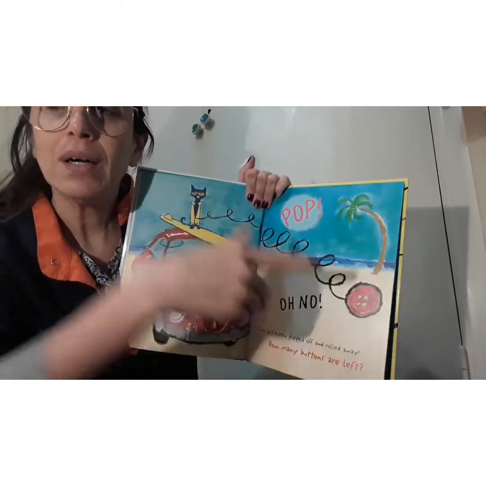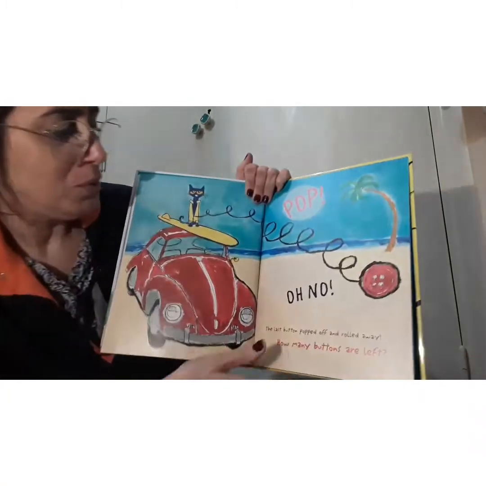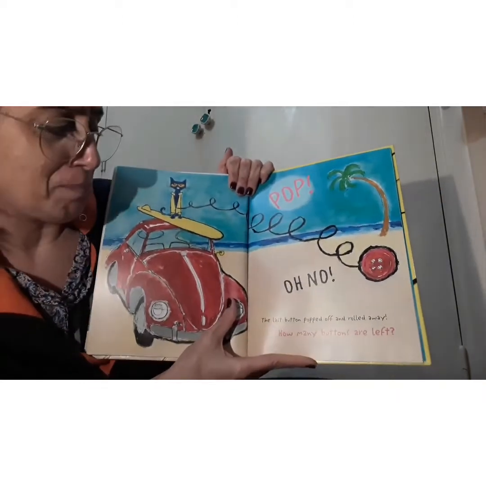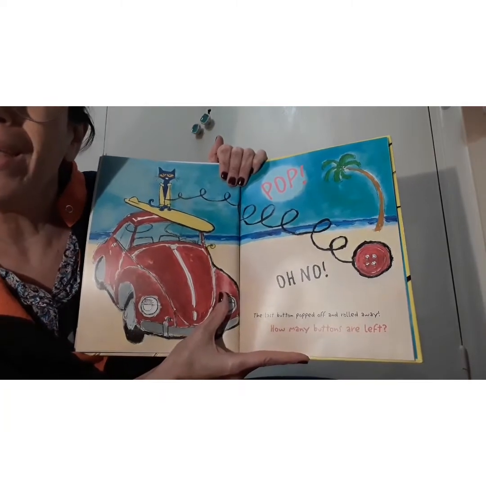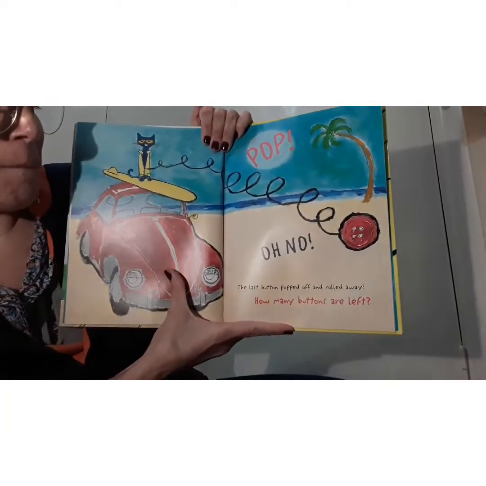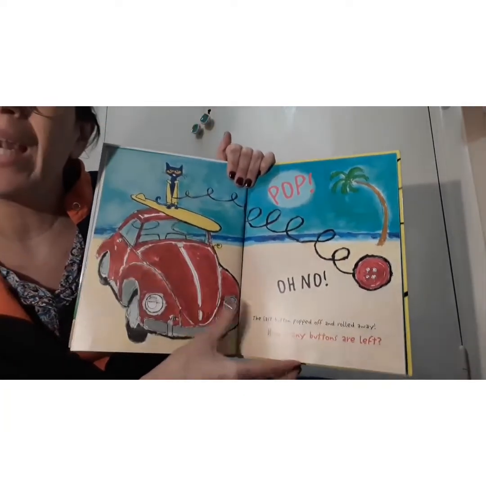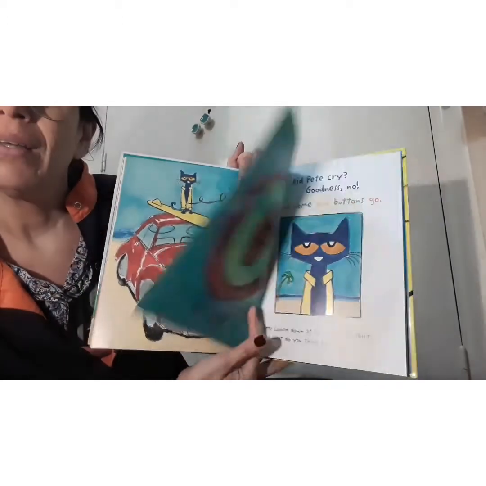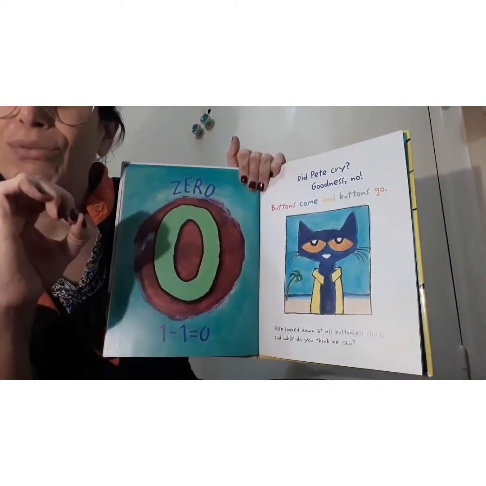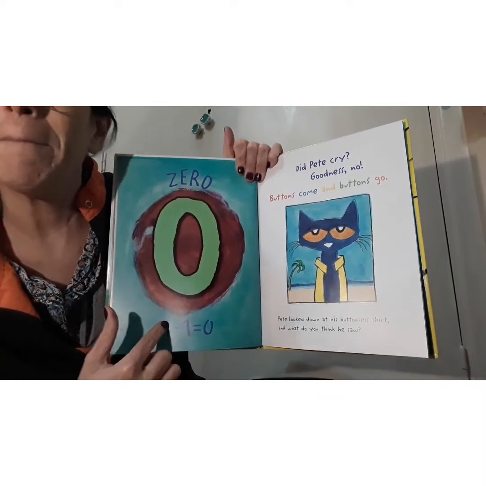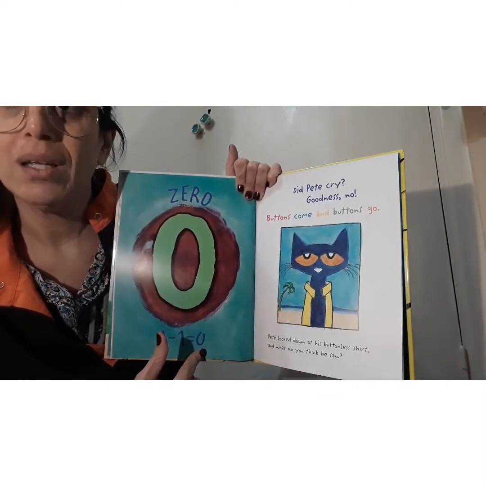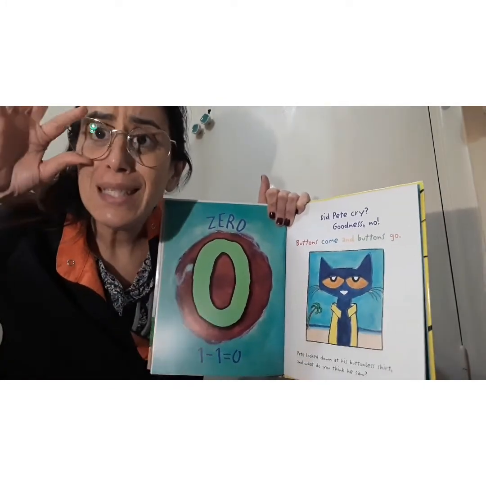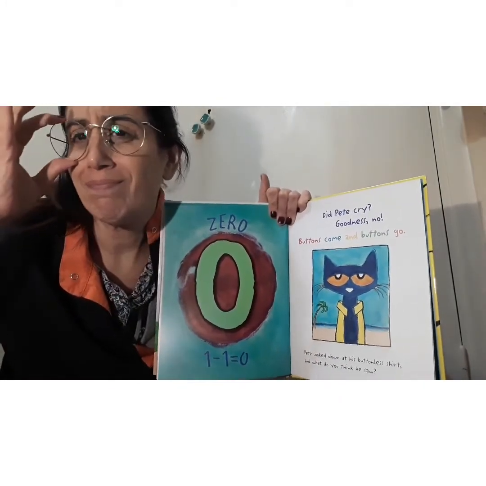Pop! Oh no! The last button popped off and rolled away. How many buttons are left? 0. 1 minus 1 equal 0. Did Pete cry?